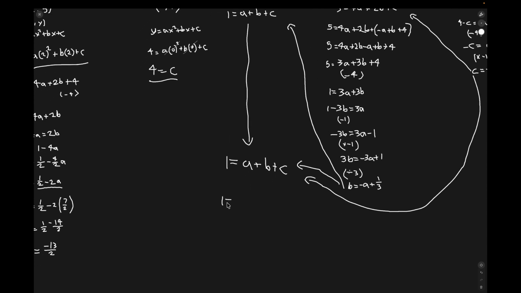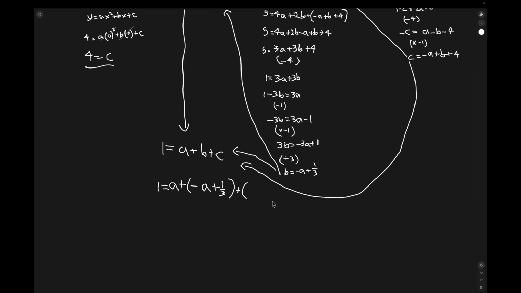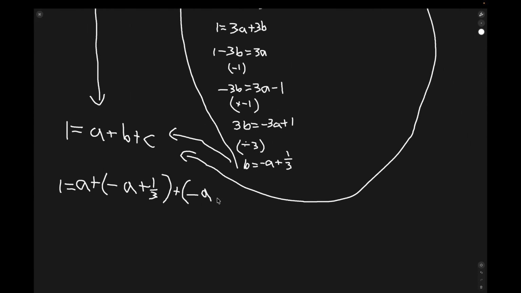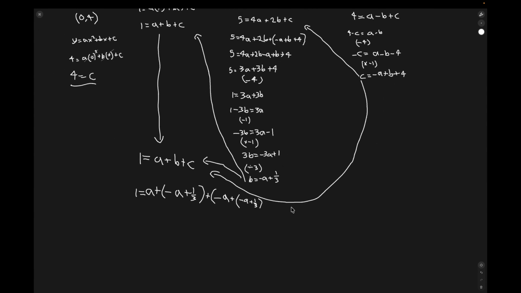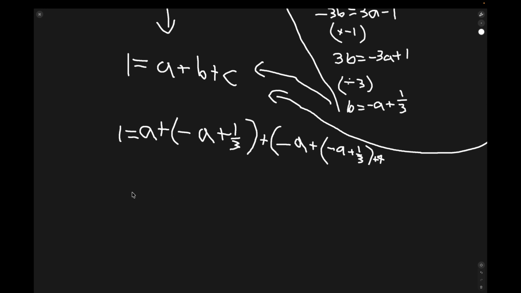So 1 is equal to a plus negative a plus 1 on 3, plus our c, which is going to be negative a plus b, which we know that b is equal to this, so we can just say plus negative a plus 1 on 3, plus 4. This is going to get tight down here. It's a bit messy there, so now let's try and simplify this.